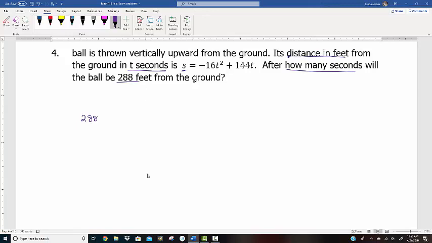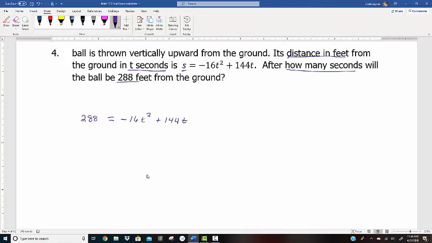They're only asking after how many seconds will it reach that. So 288 feet is going to be S. That's equal to negative 16 t squared plus 144 t.